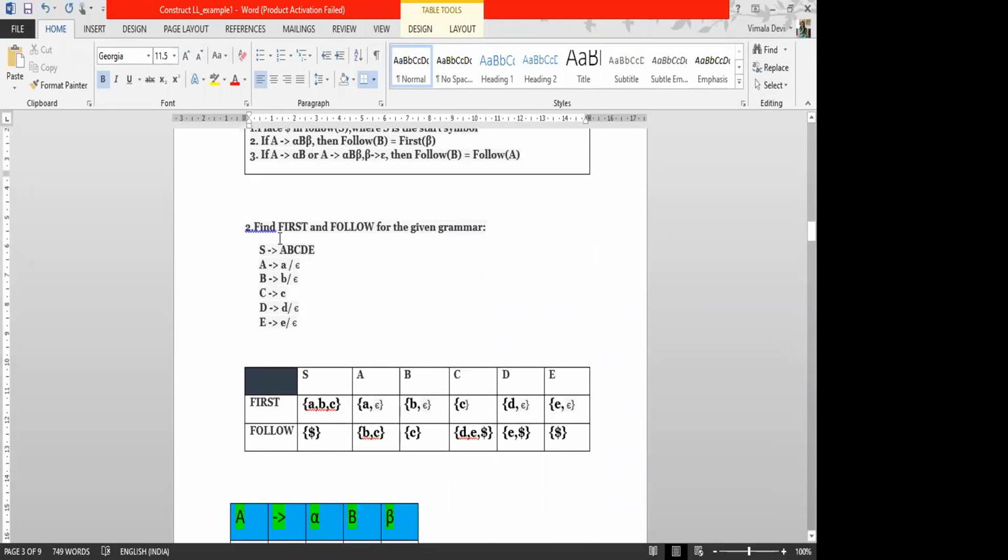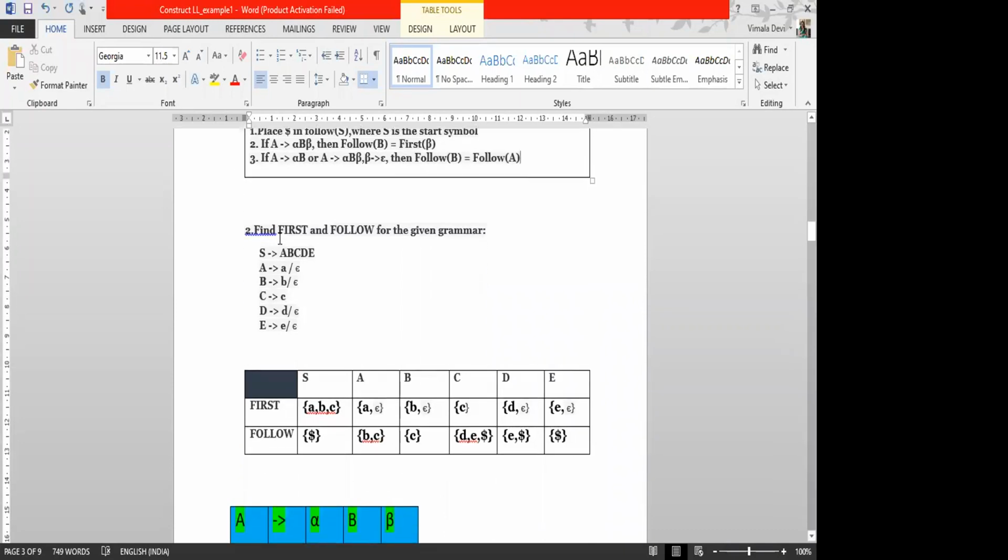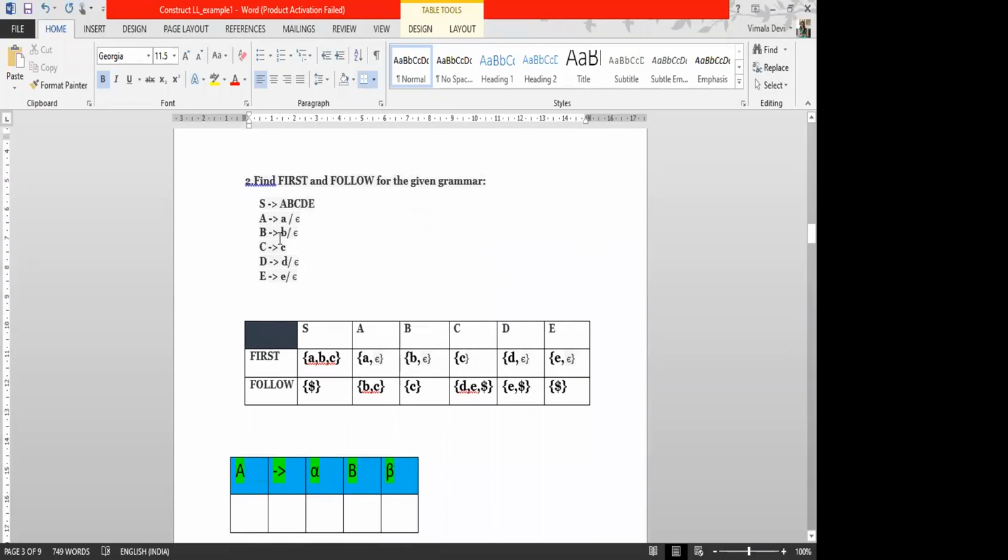Now you take down the second question. For this grammar, we are going to compute both first as well as the follow set. Without any mistake, please copy down the grammar.